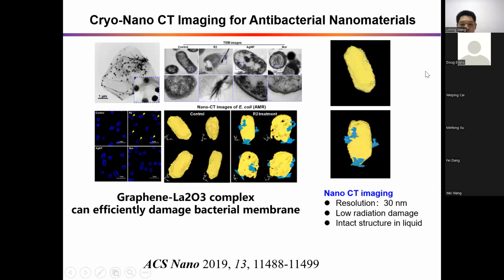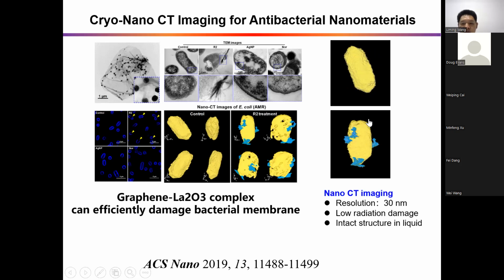Moreover, we can use nano-CT 3D imaging to study how some nanomedicine interacts with bacteria. As we know, bacteria can develop a resistance when they are treated by antibiotics.